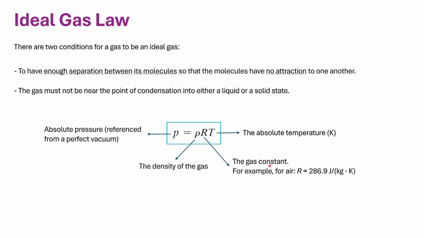R is the gas constant. For example, for air, it is 286.9 joules per kilogram Kelvin. There are different values for gas constants, and this value is for air. And T is the absolute temperature in Kelvin. So T is in Kelvin.